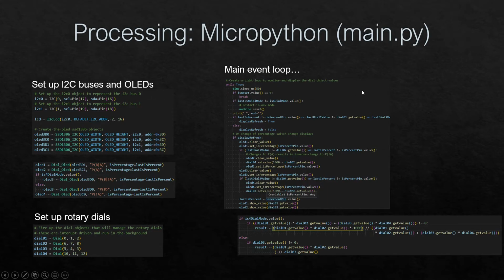And finally, this is the last part that I covered in the earlier videos, was just the main code that I did in MicroPython. So this is in the main.py code.